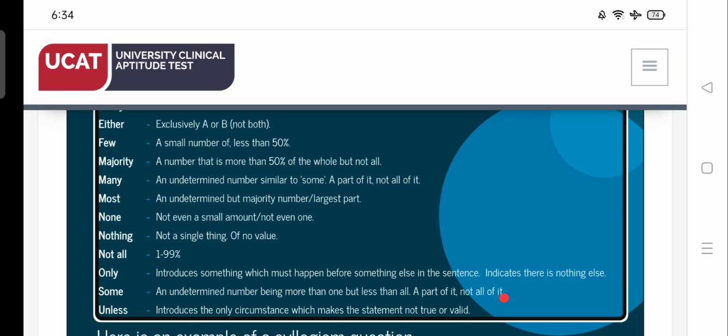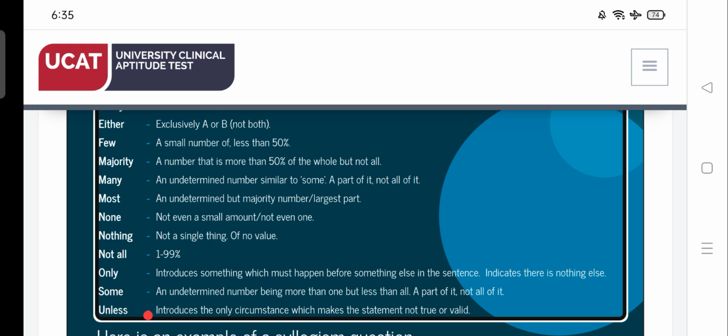If we talk about more than one but not about all things, not about the whole thing, then we can use some. That's some of the things. Some may be like few, we can say.